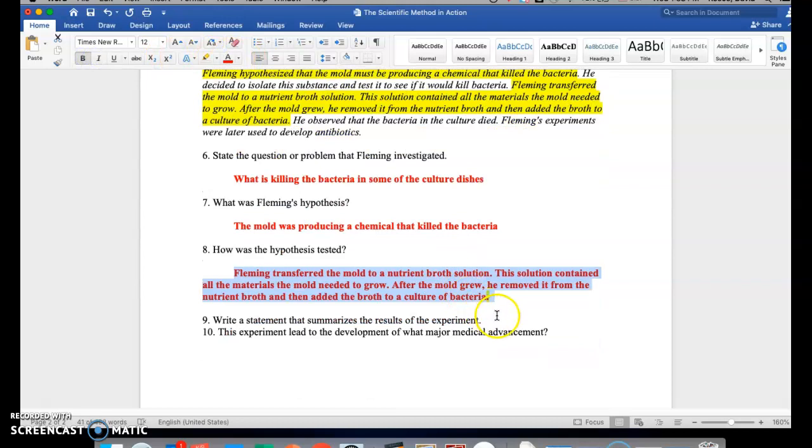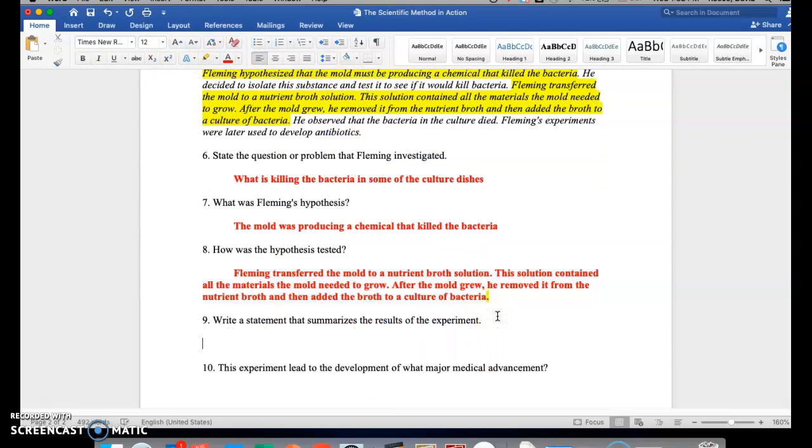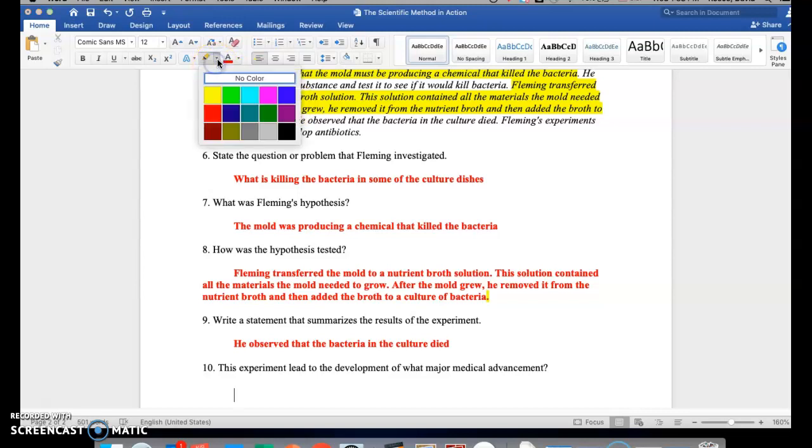And then we get down here to the bottom: write a statement that summarizes those results. Right here in this next sentence, he observed the bacteria in the culture died. And then finally, what did this lead to? Well, if we go back to our reading, the development of antibiotics.